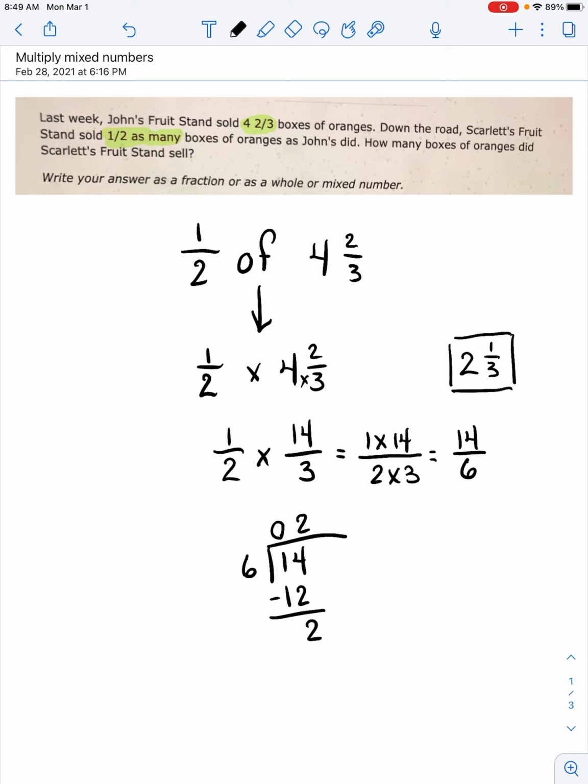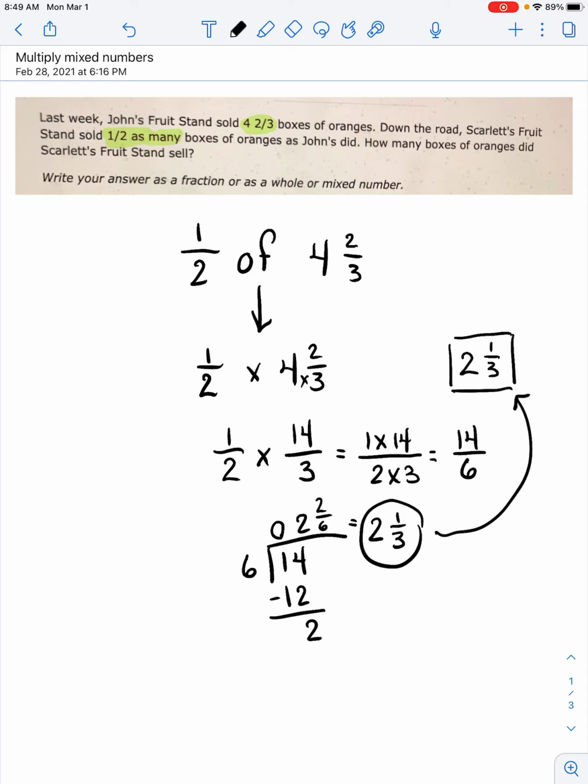And we have 2 and 2/6, which equals 2 and 1/3, and looky here. So our instinctual answer, or you could even think of it as an estimate or a prediction of what a sensible answer would be, and voila, we have our answer.